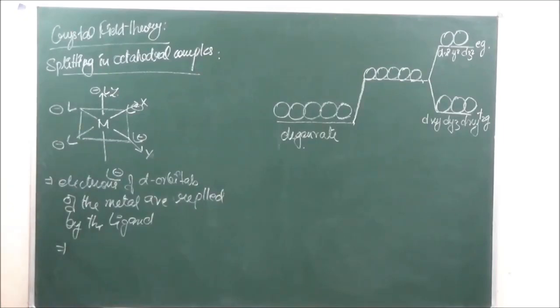Number 2, if all the ligands approaching the metal are at equal distance, the energy of each of the 5 orbitals increases by the same amount.